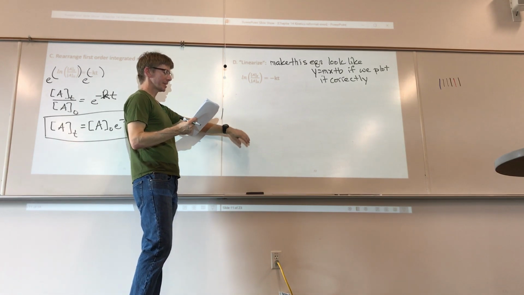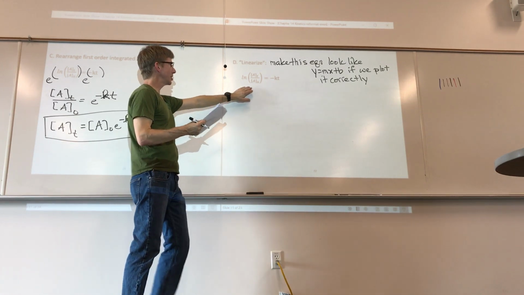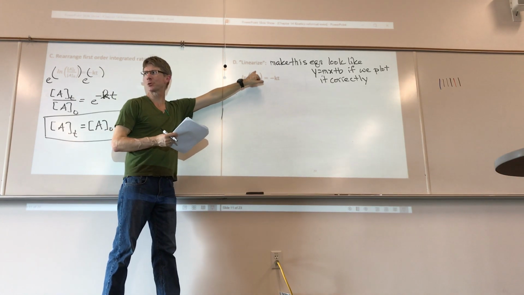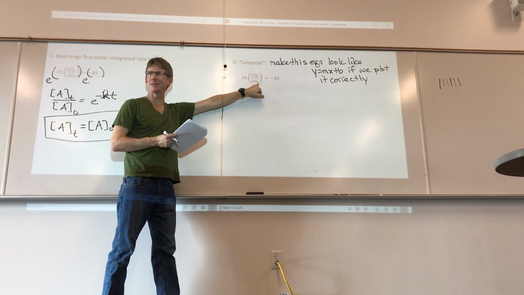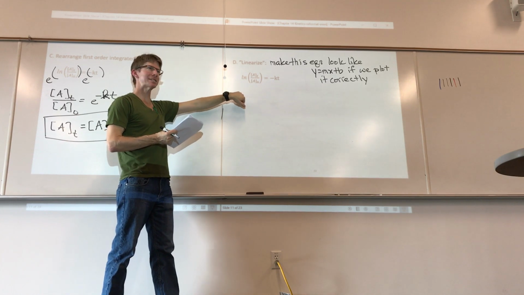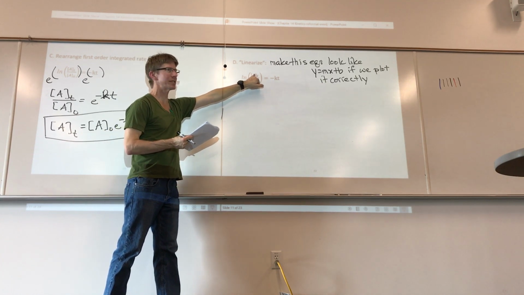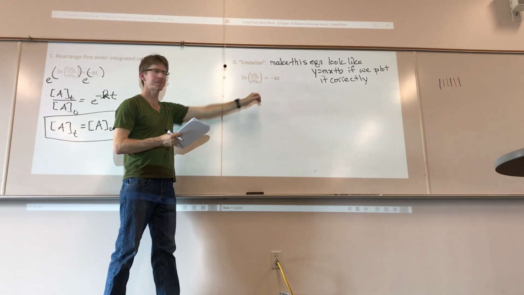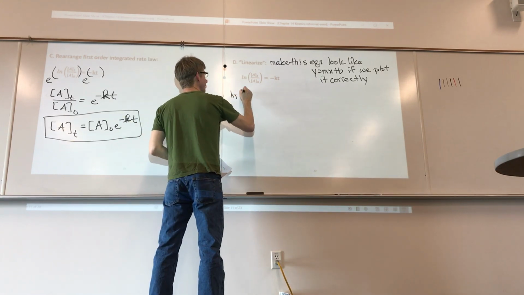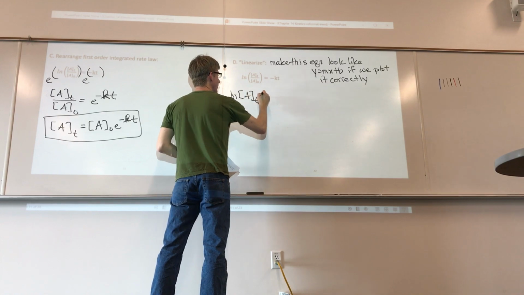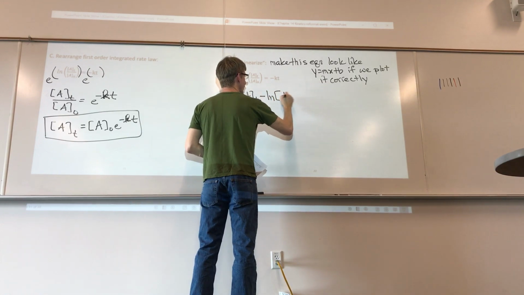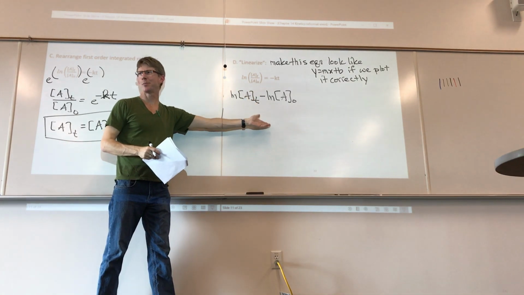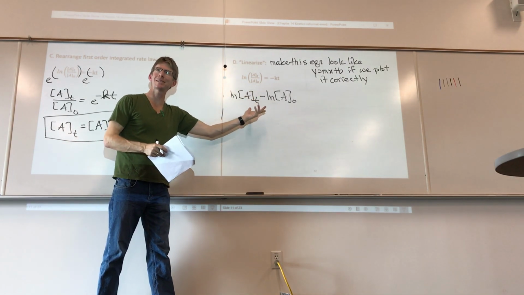Okay. Let's see. So what we're going to do, it's not that bad, I don't think. If you have a natural logarithm of two numbers that are divided, you can separate them into the natural log of the top thing minus the natural log of the bottom thing. So all we did was just, I don't know what the math term is, distribute that. Is that the right term?